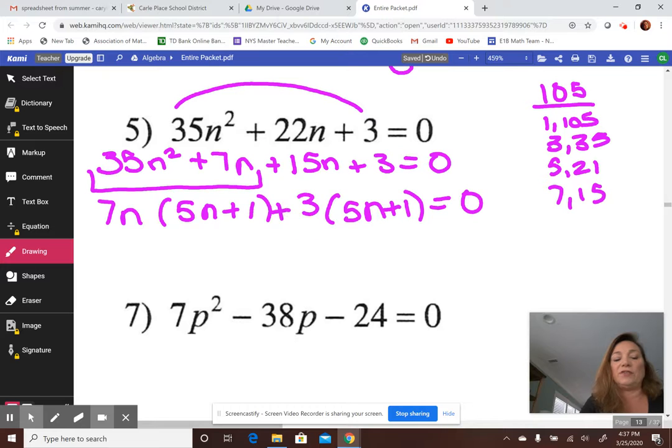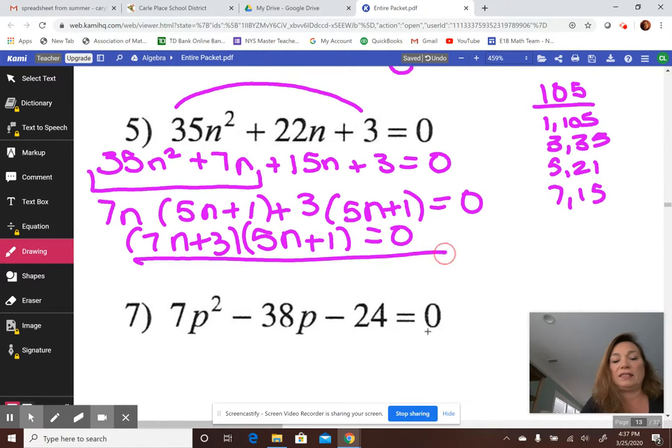All right, so plus 3, so 7n plus 3, and 5n plus 1 equals 0. Set 7n plus 3 equals 0. Subtract 3 gives me -3. Divide by 7 gives me -3/7.